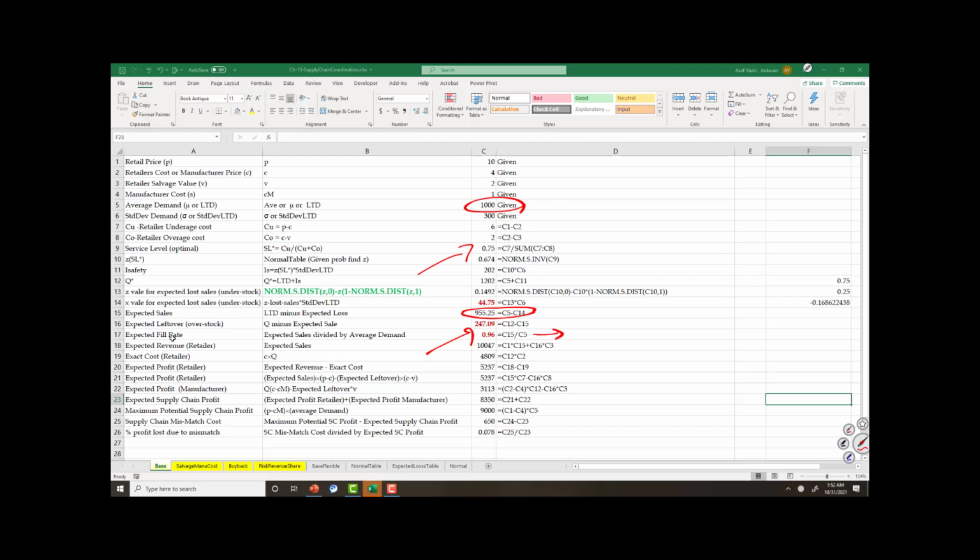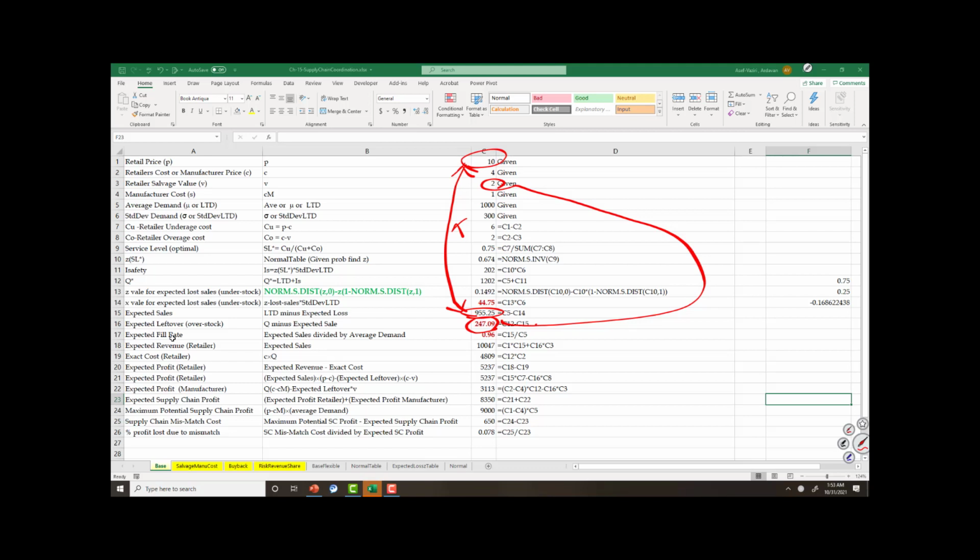Expected revenue of the retailer: the retailer sells this much and sells it at this price, so we get this one multiplied by this one. That is the revenue. And also any leftover, which is here, is returned for this price. So that is the total expected revenue of the retailer. But what is cost?